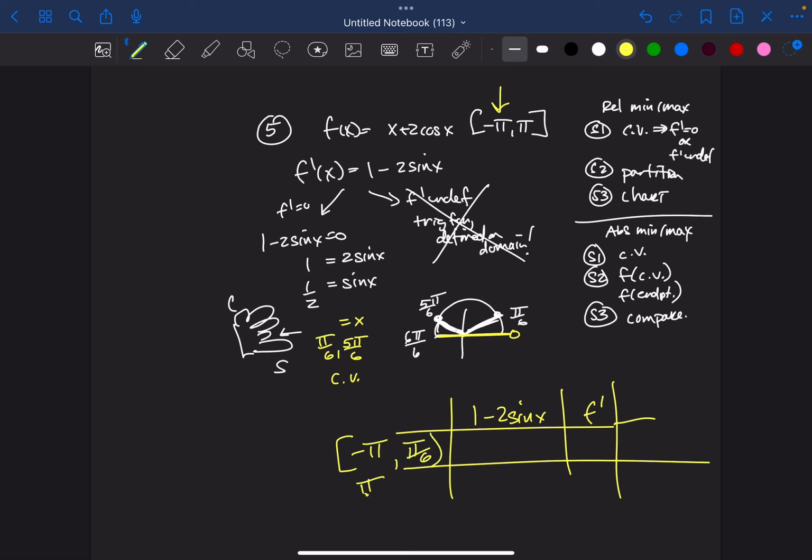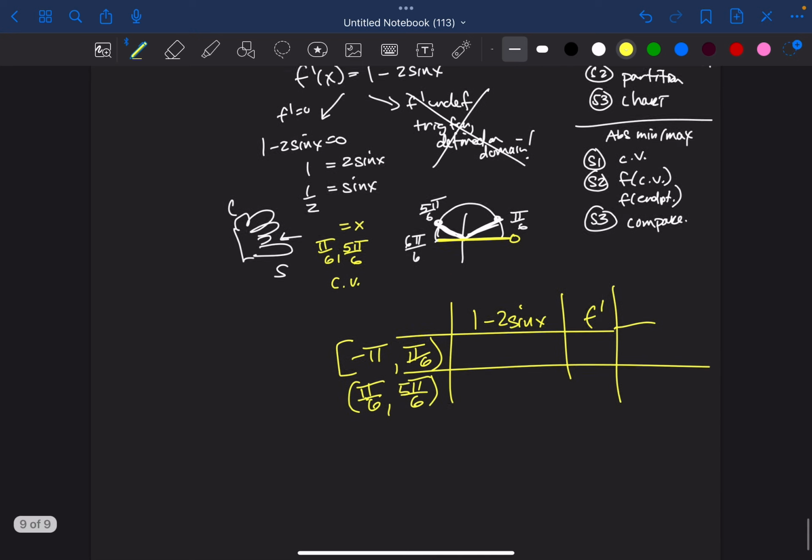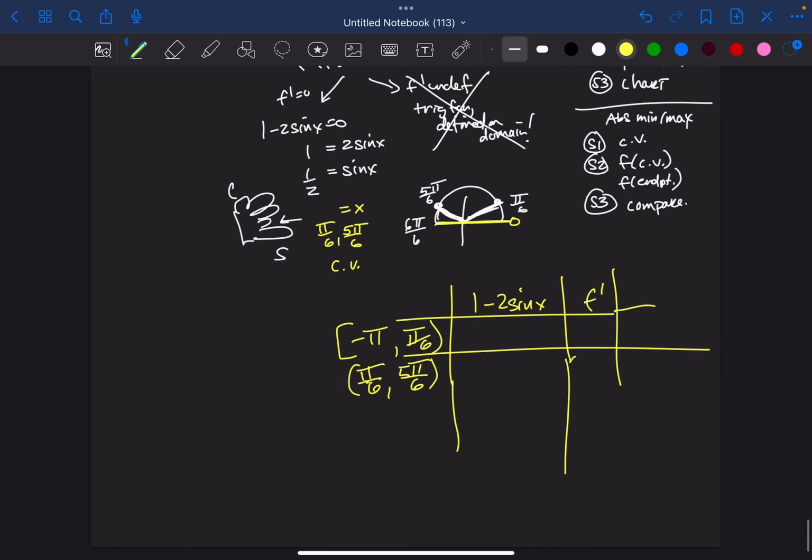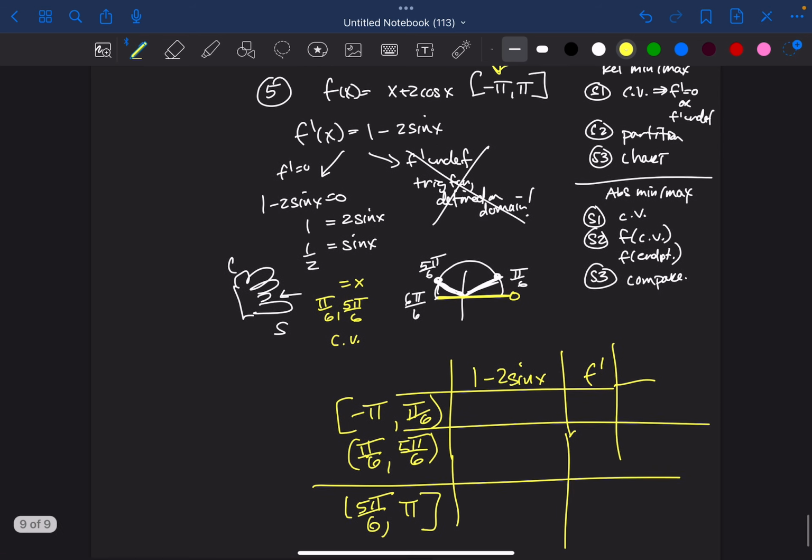And then we go from pi over 6 to 5 pi over 6. And then we go from 5 pi over 6 all the way up to pi, because that's our other endpoint right here. Okay, so we got 3 intervals.